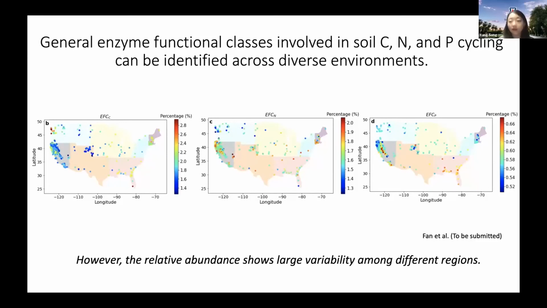Basically, we see the relative enzyme abundance for decomposing carbohydrate and lignin is relatively larger compared with those for nitrogen-rich and phosphorus organic matter decomposition. That shows some domain difference. So later, we try to use our machine learning tool to better understand what environmental factors are important in introducing this diverse condition.